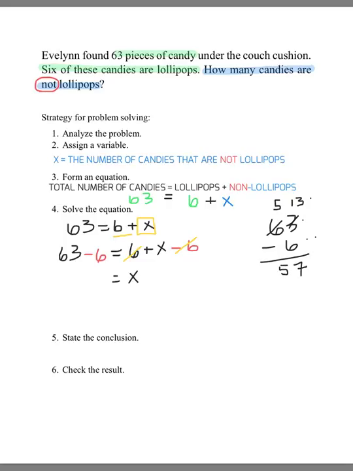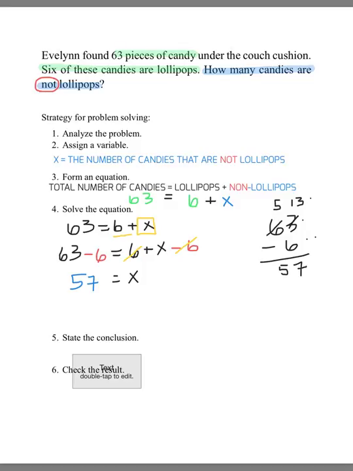So now we have x is equal to 63 minus 6, which is 57. Now go ahead and do that in blue since our variables are represented in the color blue. So let's go ahead and state our conclusion. What's the best way to say this? Well, the question says how many candies are not lollipops.